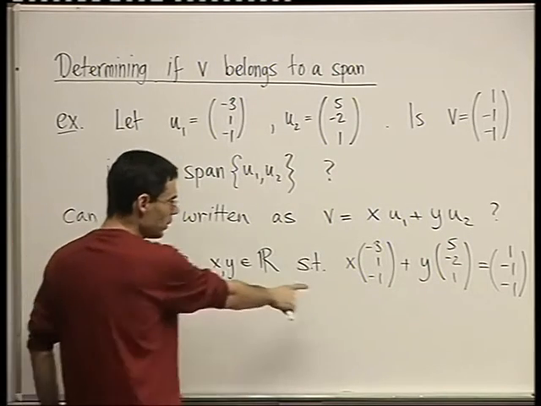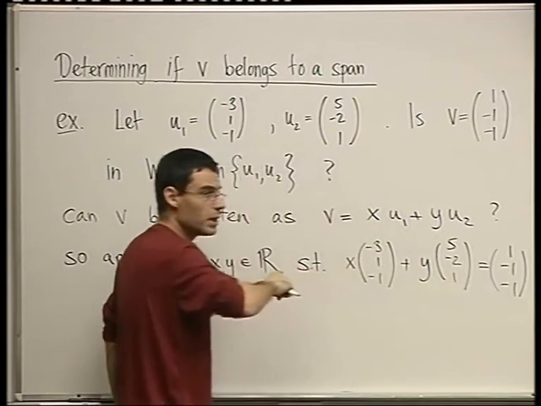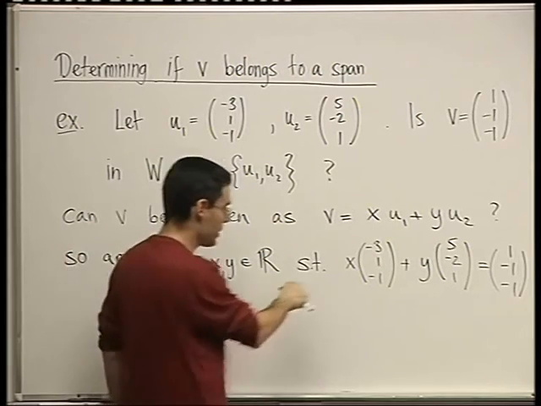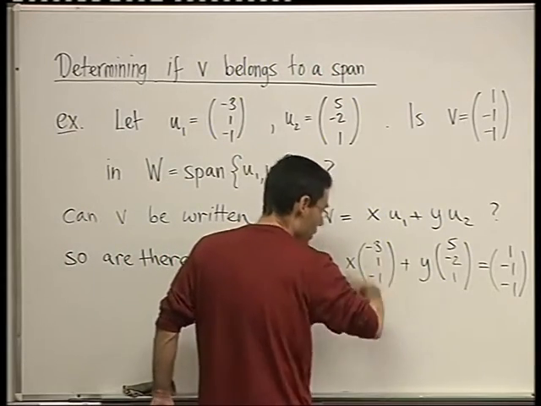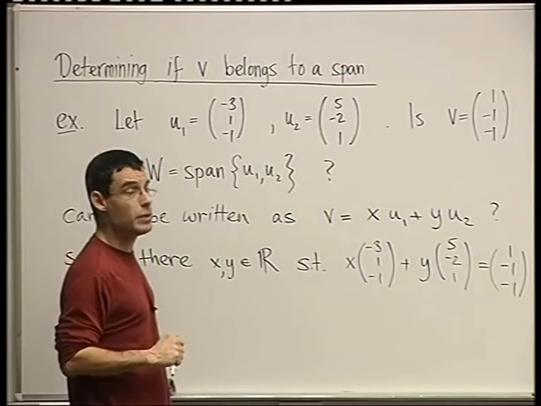Now, this should look familiar. This is how we wrote a system of equations in our new way of expressing it, as x times a linear combination of the columns of the coefficient matrix.